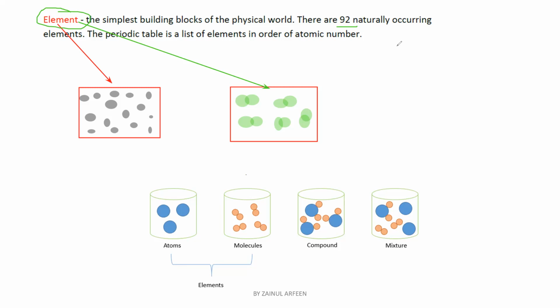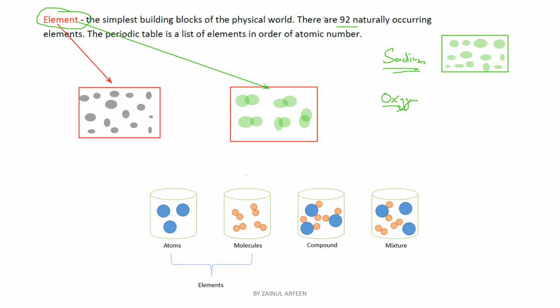For example, if I say sodium, sodium is an element. Oxygen, oxygen is an element. In sodium what happens? There are identical atoms. And in oxygen what do we have?